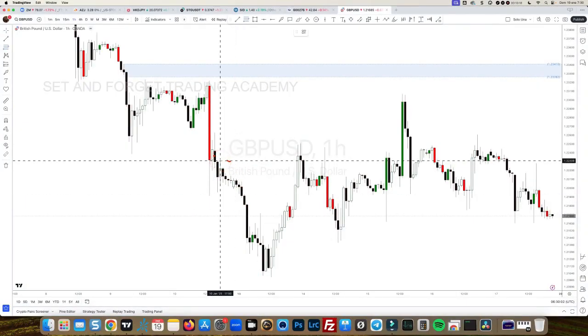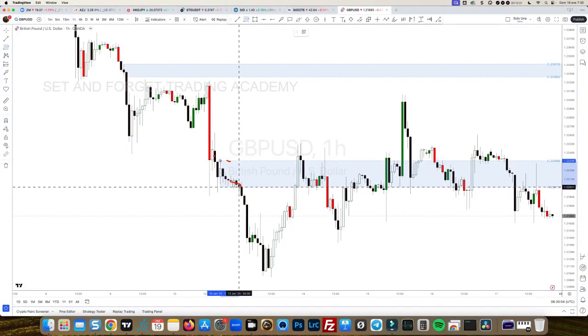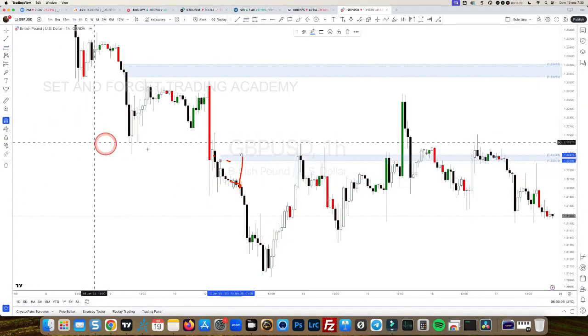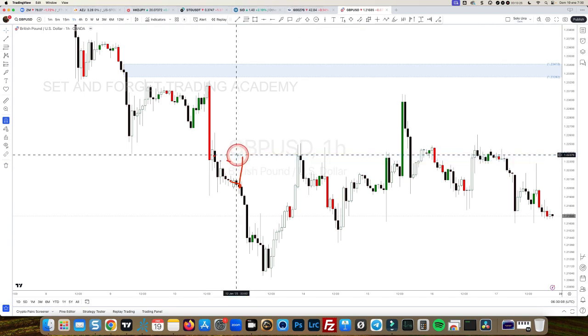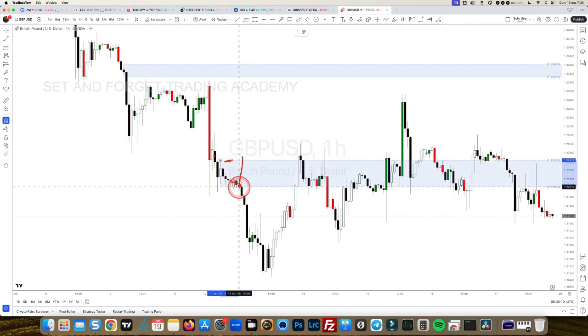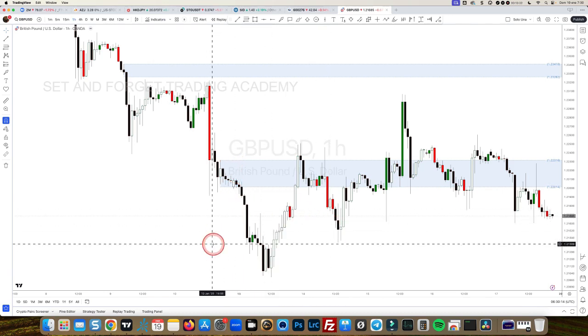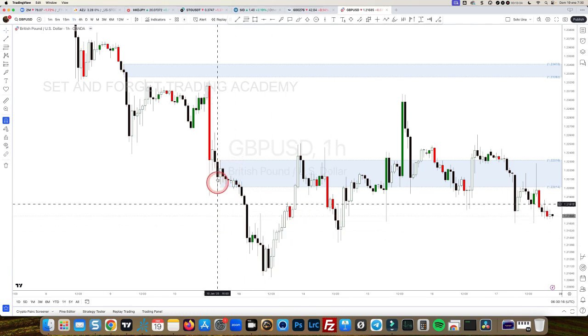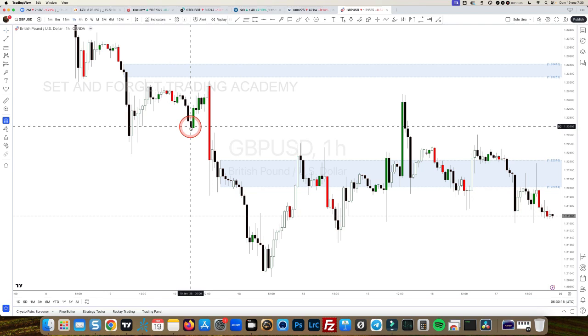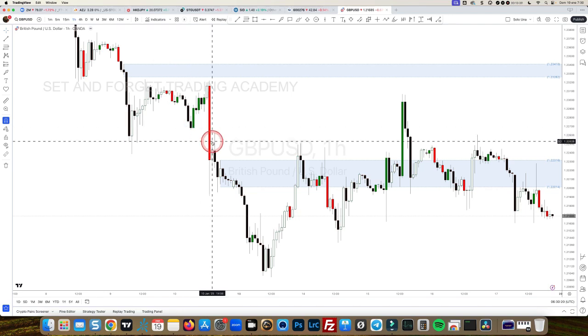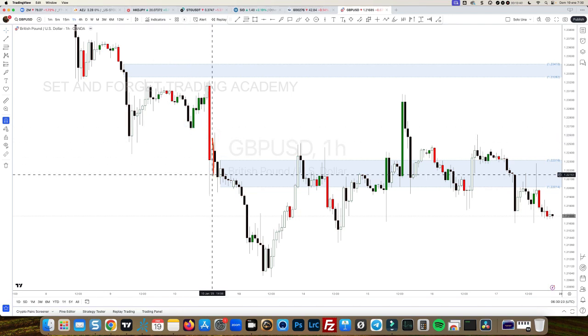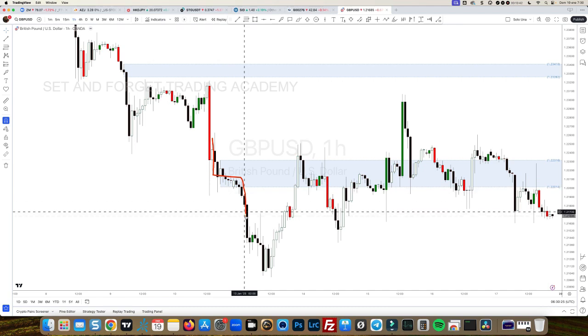So the CP would be something like this. I'm going to connect this because it's driving me crazy. The magnet is better. So this would be the CP. This is the kind of pattern that we are talking about when we consider CPs. We want the large movement, leg in, basing structure, and then leg out.